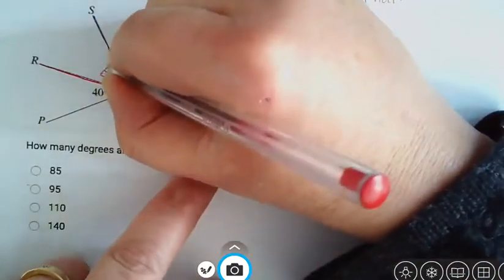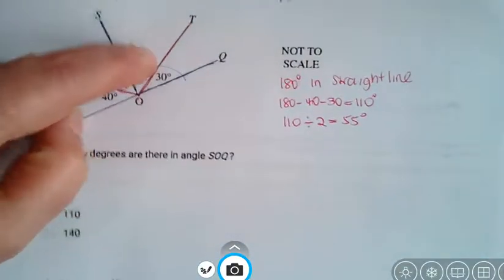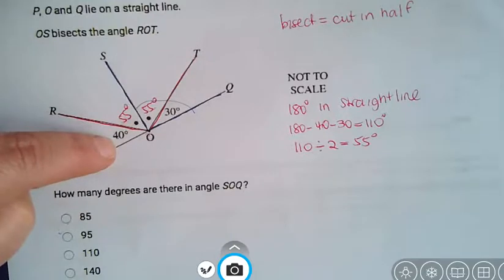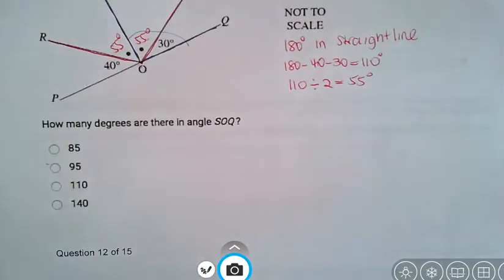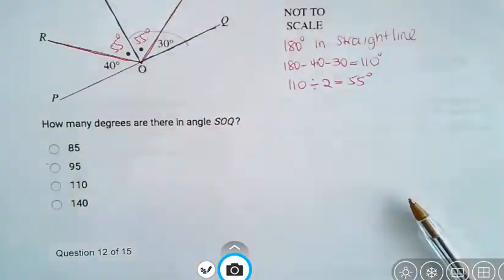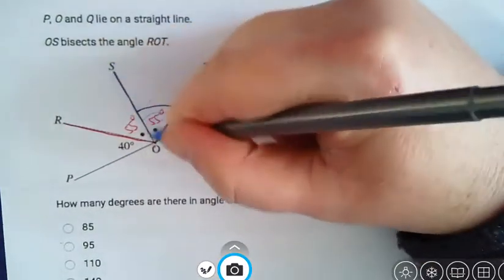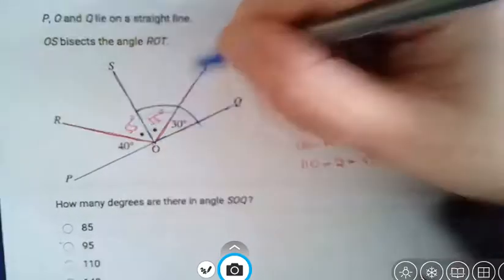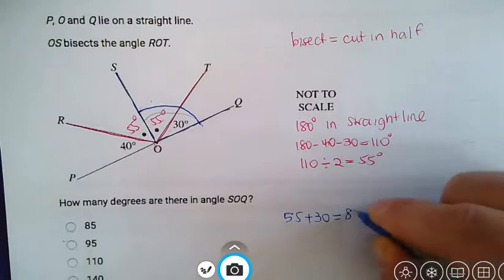So each of these is 55. So 55 and 55, that's 110. Plus 40, that's 150, and 30, 180. But I need to know the size of angle SOQ. So SOQ is what I'm marking out here. It's the 55 plus the 30, which is 85 degrees.